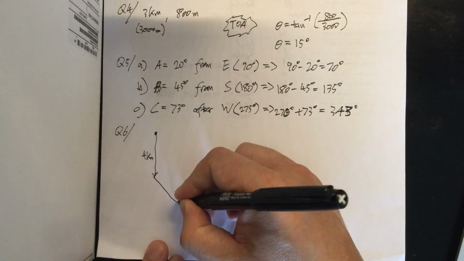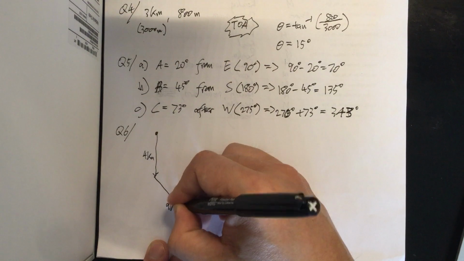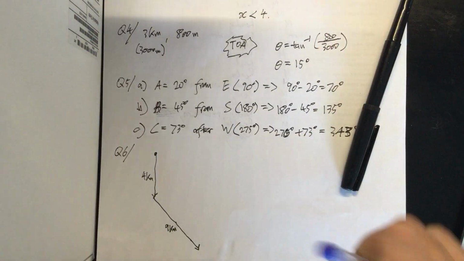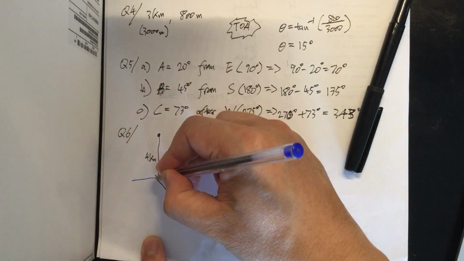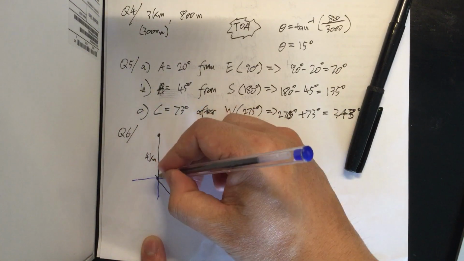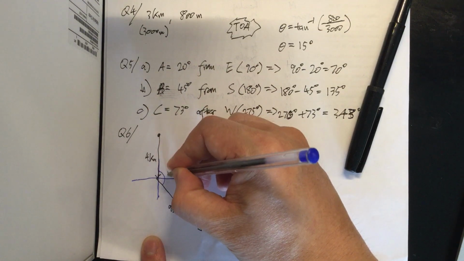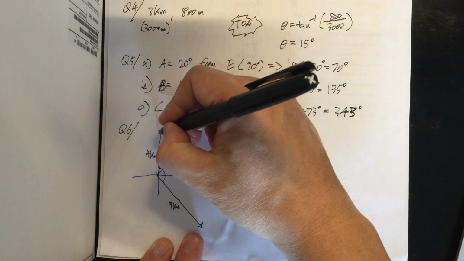To demonstrate the bearing, draw another little bearing line and show that this is 150 degrees. That's basically the premise of the question.